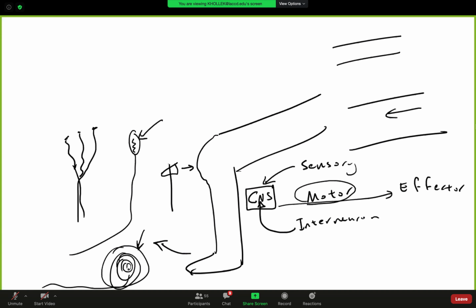So close vision and accommodation, which is changing the shape of your lens, happens via the parasympathetic function. All right. In a nutshell, I think those were the majority.